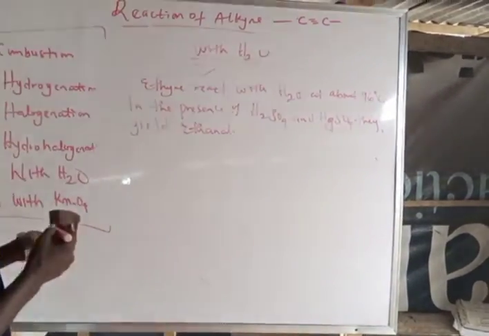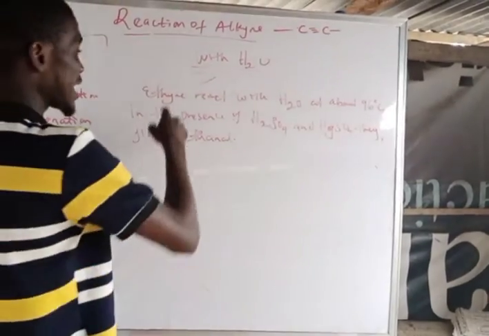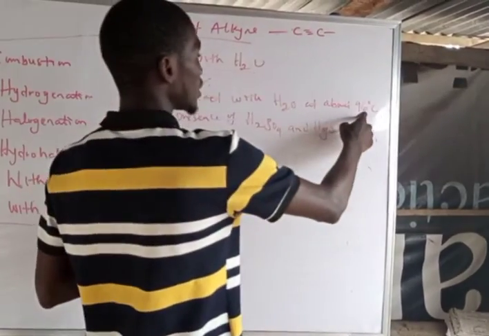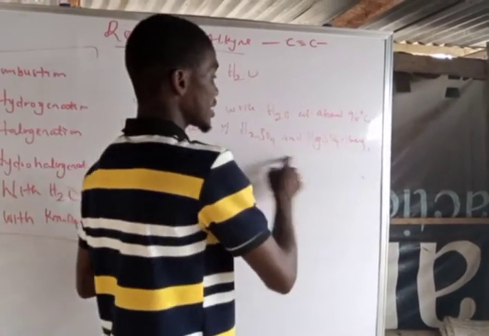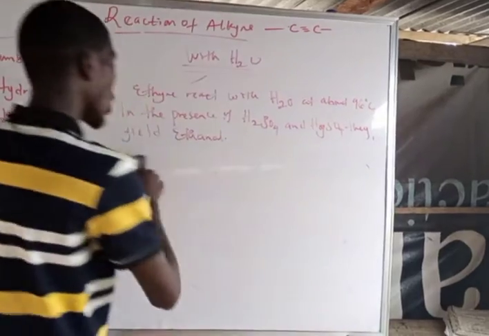So let's check that. What is our ethane? And don't forget I said that ethane will react with water at about this degrees Celsius. In the presence of sulfuric acid and mercury sulfate, they yield what we call ethanol.